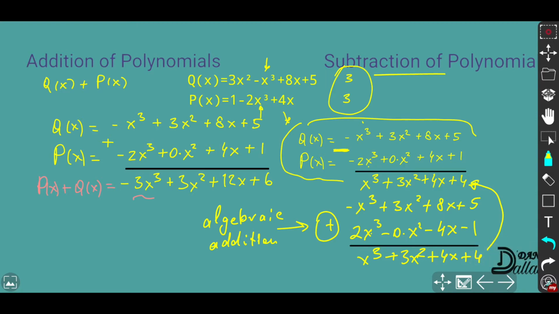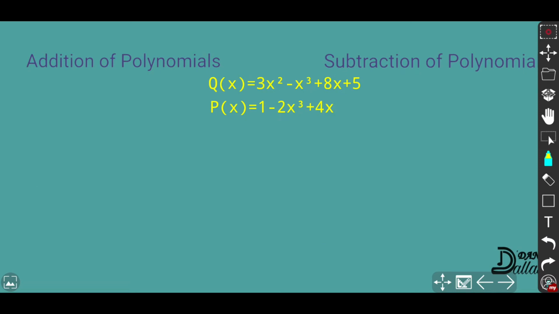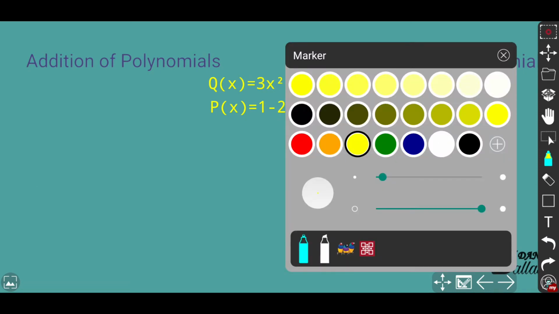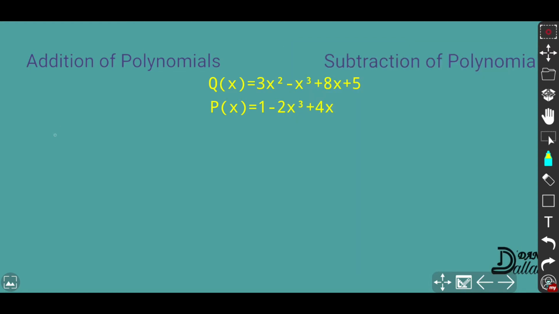Okay, so right now we do addition and subtraction by columns. But what if you're a more advanced student? How to do that? For example, let's consider addition again. So q(x) you will add with p(x).